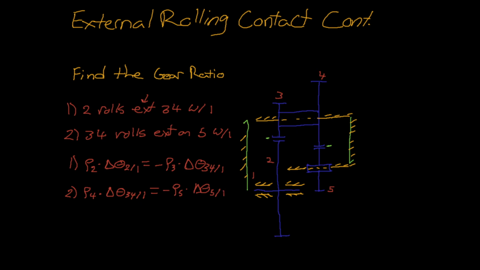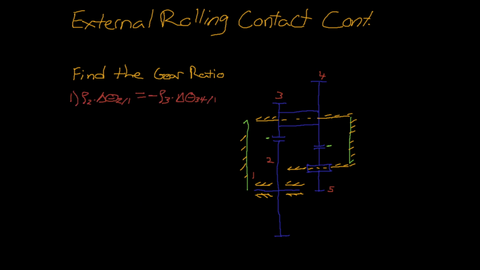Now I'm going to make some room on the board and put equation 1 back up here. And now let's expand this equation. So we have ρ2 times the change in the angle of gear 2 relative to the change in the angle of arm 1, which is delta theta 2 minus delta theta 1, is equal to minus ρ3, again the change in the angle of gear 3, 4 minus the change in the angle of arm 1.